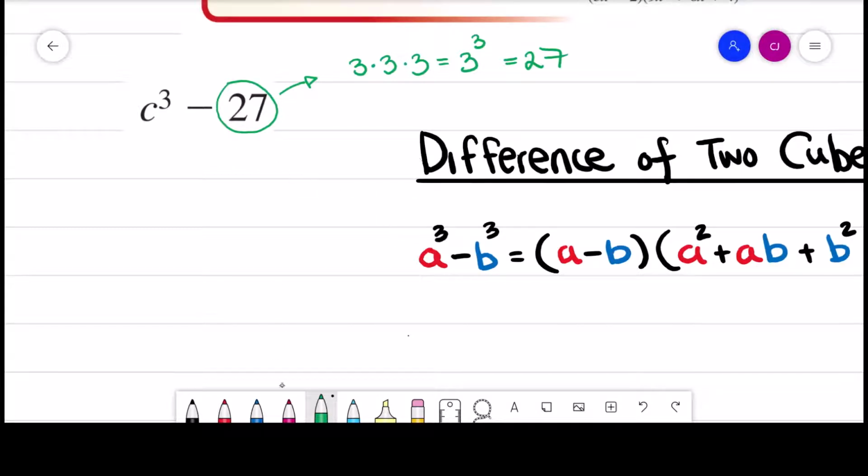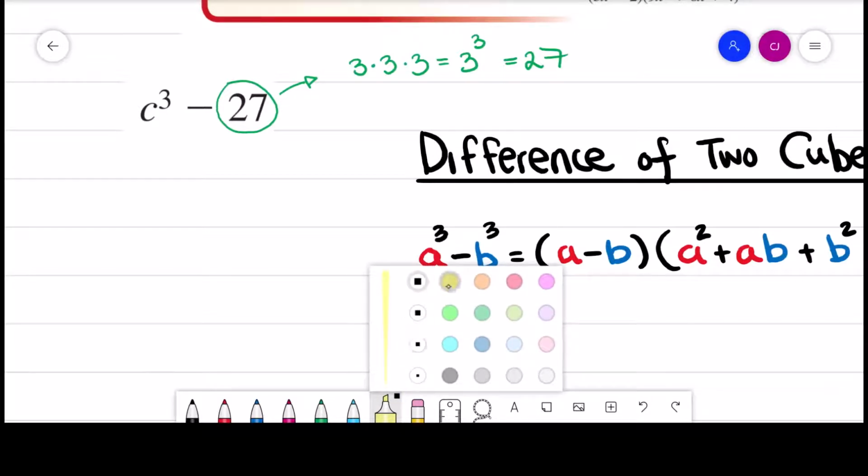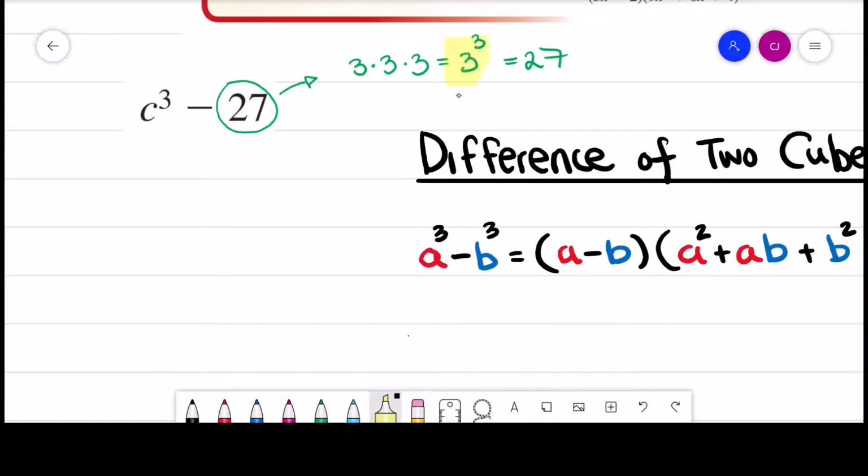So I'm going to use the 3 cubed as my way of rewriting the number 27, and I'm also going to be using the colors red and blue so that you can see my known values that I'm going to be plugging in later into my factoring pattern.